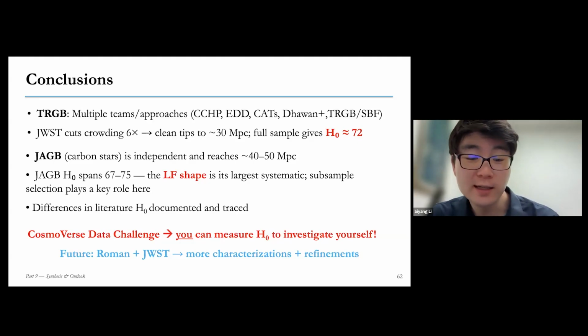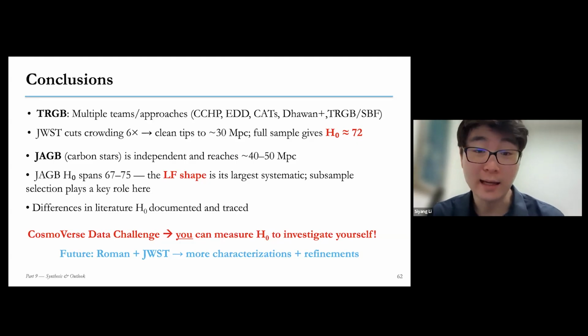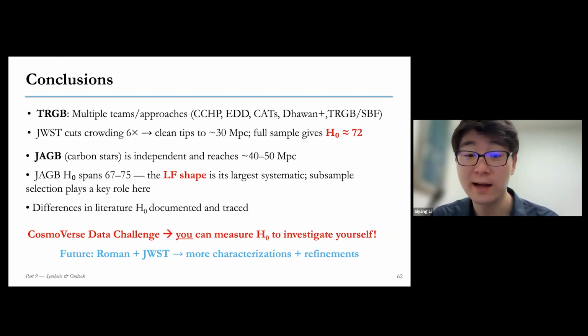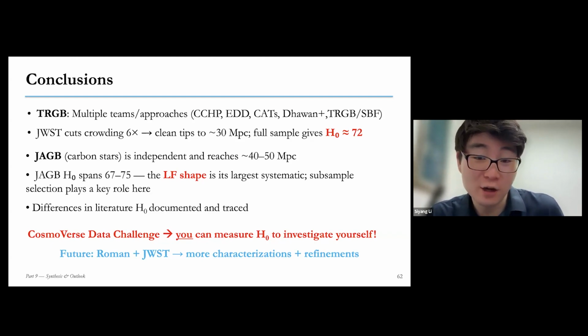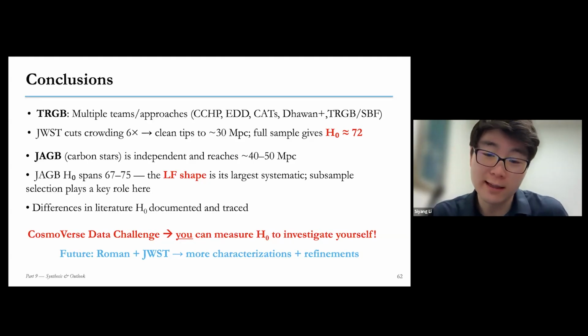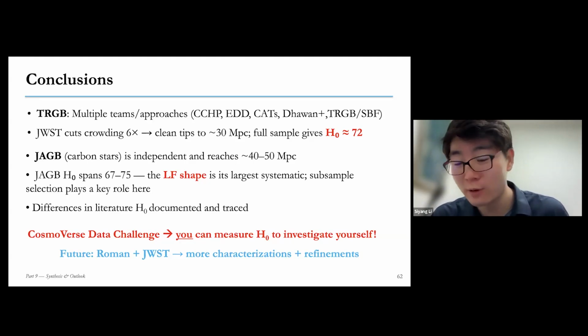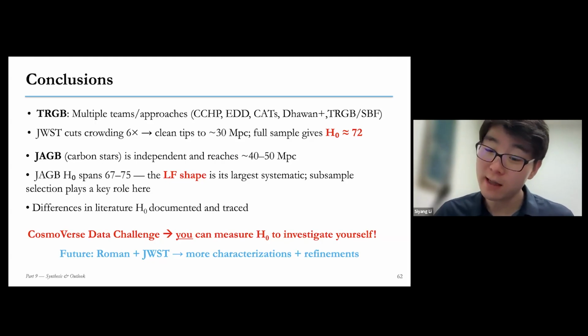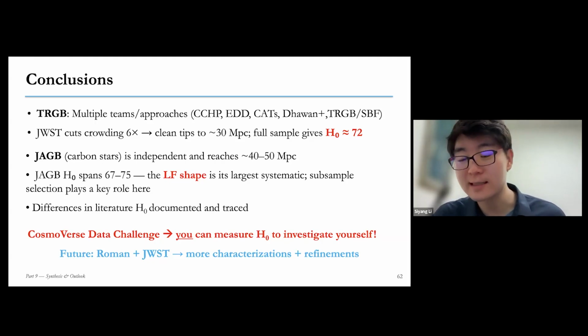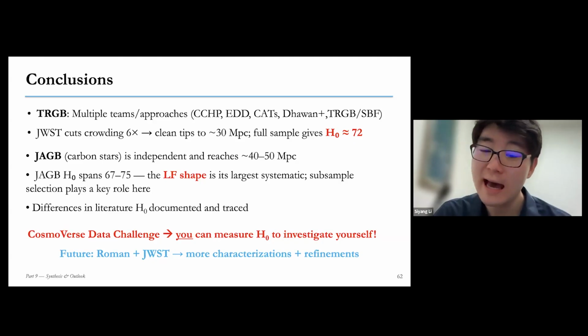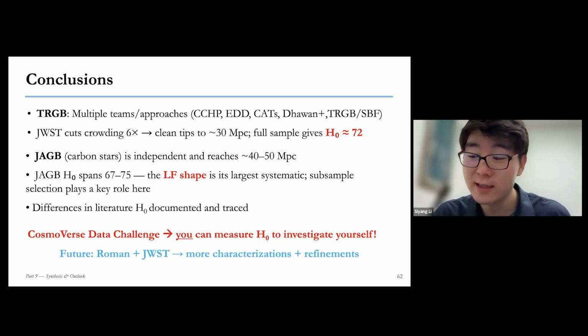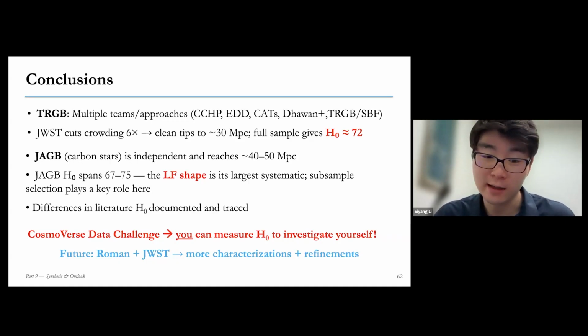The goal is to enable anyone in this room, anyone in the world, to provide the educational materials and the notebooks and the data so that you can learn how to measure the Hubble constant, work with the data set, and then play around with these parameters and see for yourself how you can reproduce these different values in the literature. How do these variations in measurement choices then also impact the Hubble constant measurements you make, and also see in the literature.